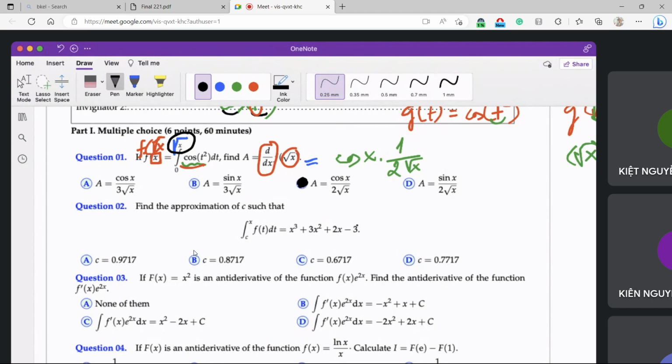Substitute at, find the approximation of C such that.